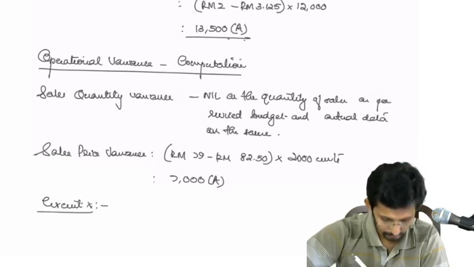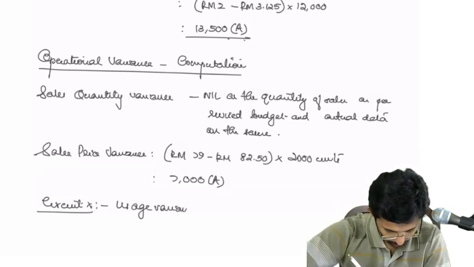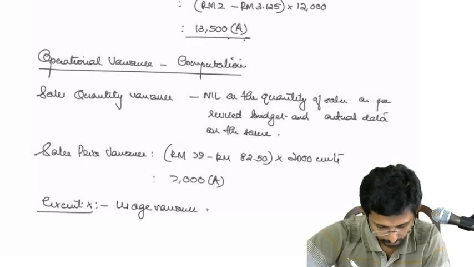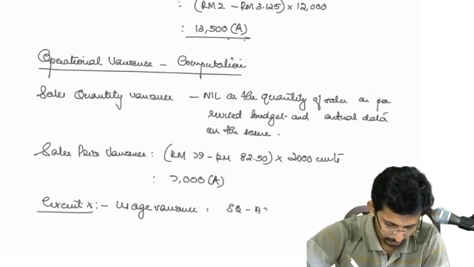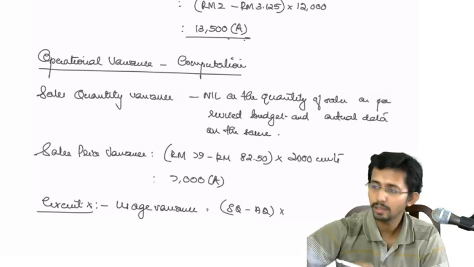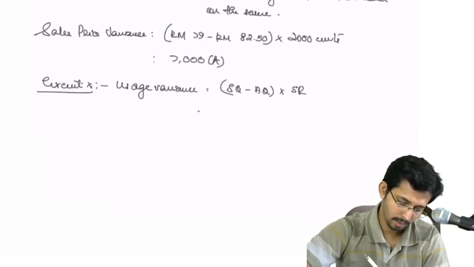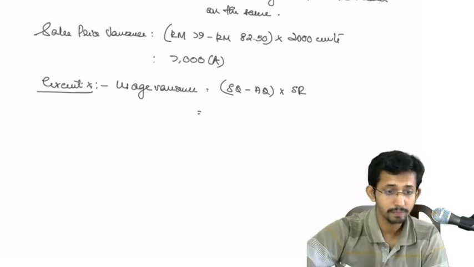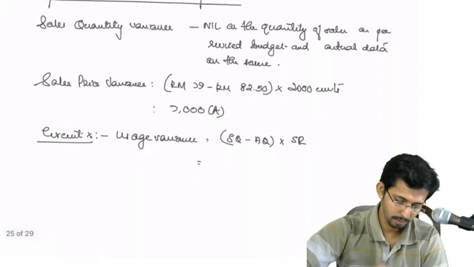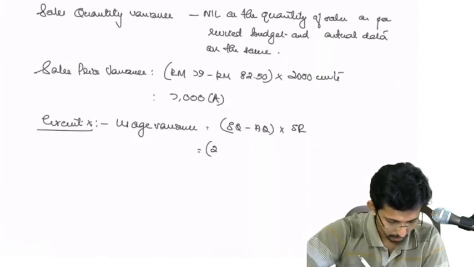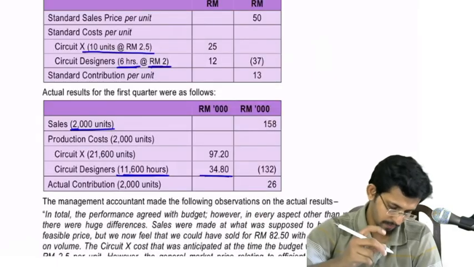Usage variance. Okay, SQ minus AQ into SR. SQ is how much? 12,000, right? SQ is not 12,000, it's 10 into 2000. So 2000 into 10 minus what is AQ?